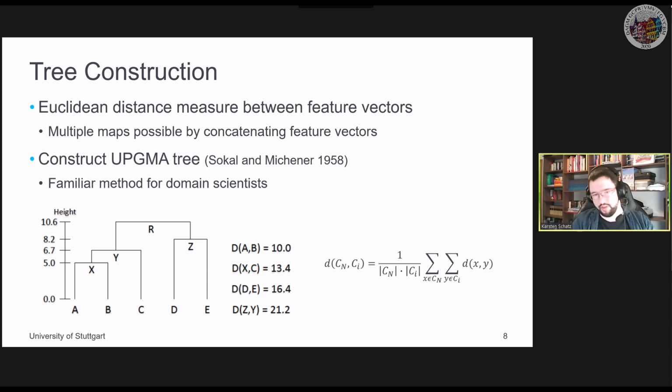And of course, there is a formula for the distance between a node and a whole cluster, or between two clusters. On the right-hand side, you see the formula for the distance between two clusters, which is just the sum of the pairwise distances.